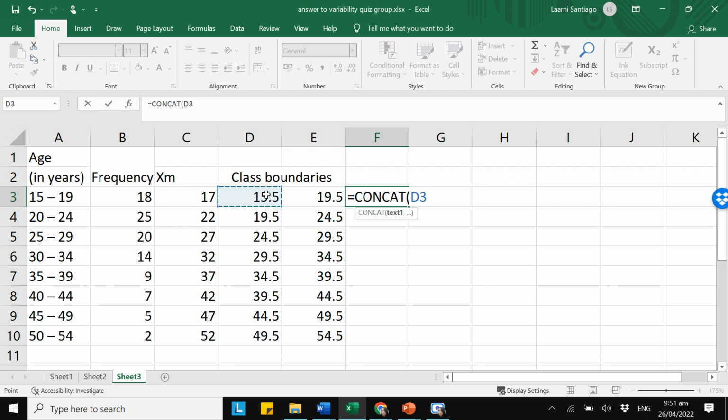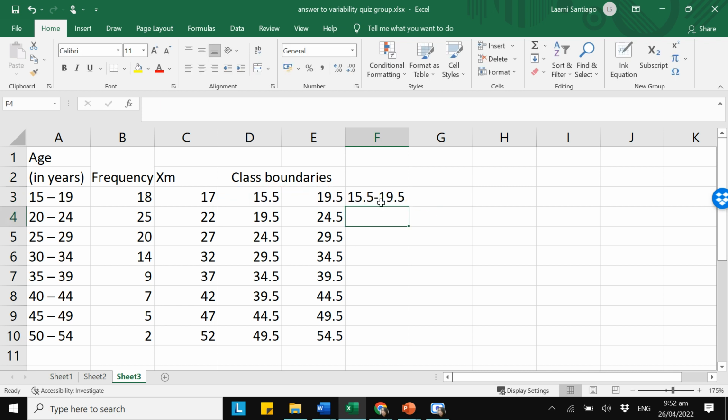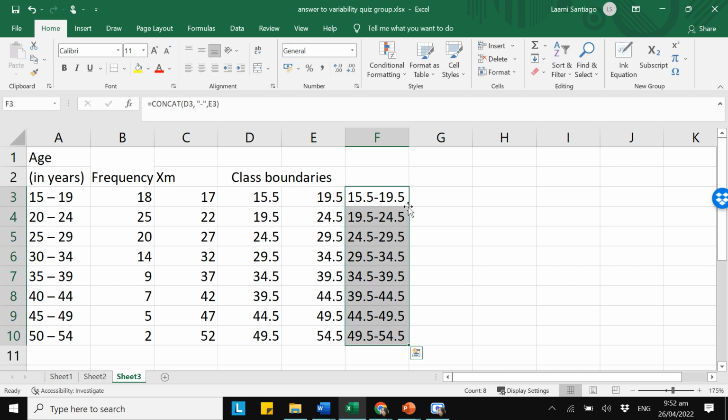So, iti-treat nyo to as a text, then, comma, then you can actually even add symbols. Just enclose it with the parenthesis mark, then hyphen or dash, tapos isama nyo yung value dito. Okay? So, mabubuo na ngayon siya. So, ito na yung ating boundaries ulit. Okay? Para hindi na tayo problema.